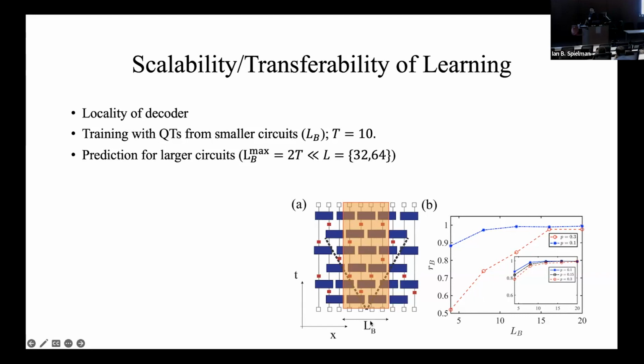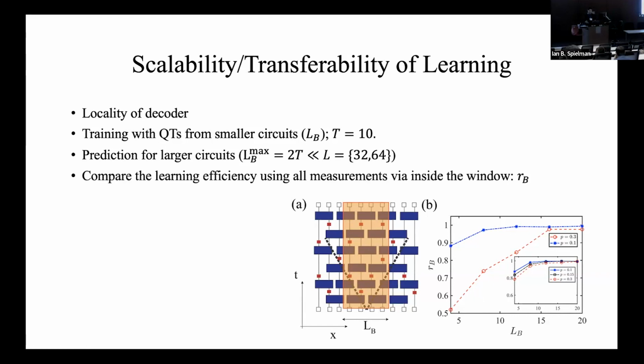What we found was that if we compare the learning efficiency using all measurements in the circuit, or just the measurements inside the window, and call this ratio RB, it turns out that if we increase the width of this box to become equal to the width of the light cone, the efficiencies are almost the same.